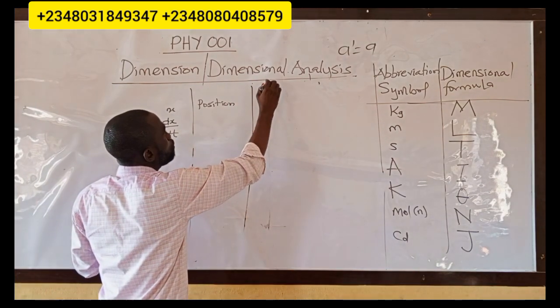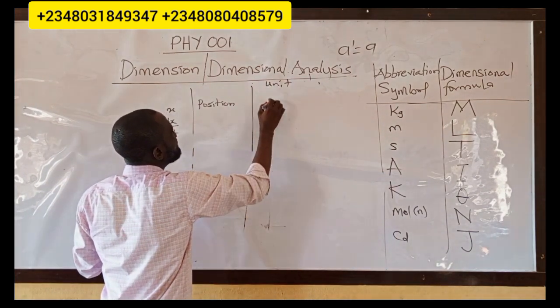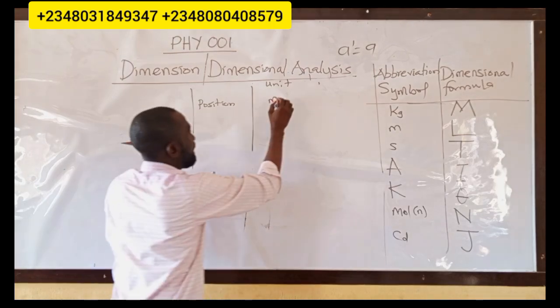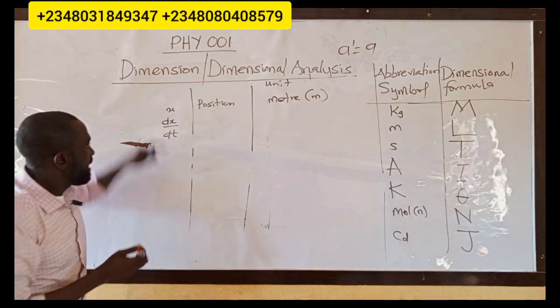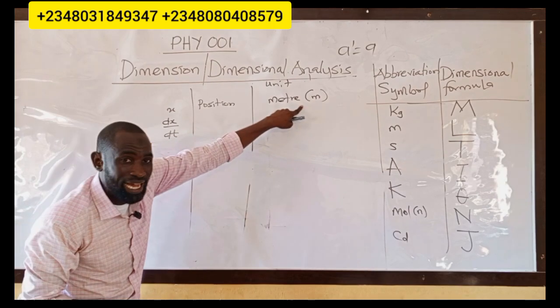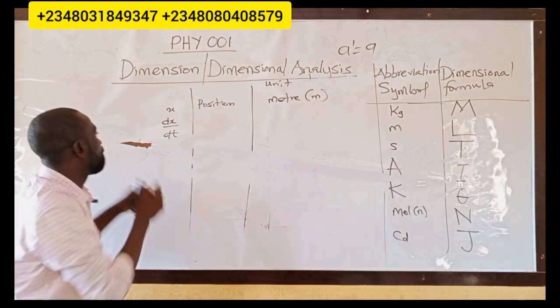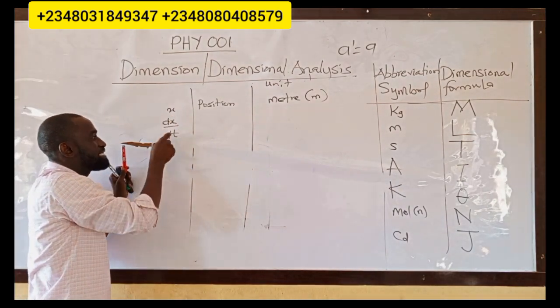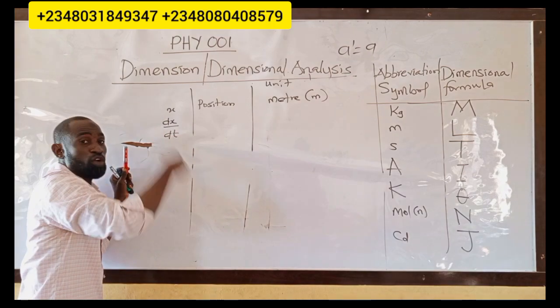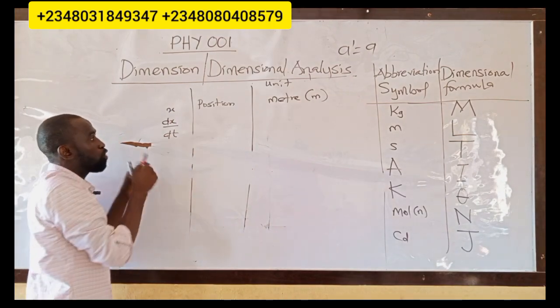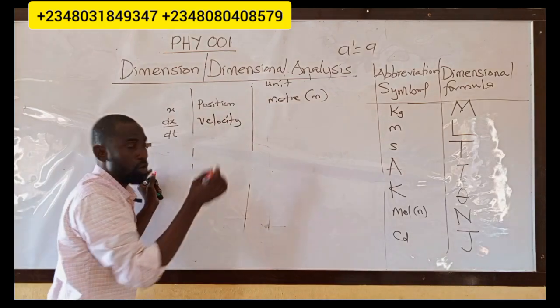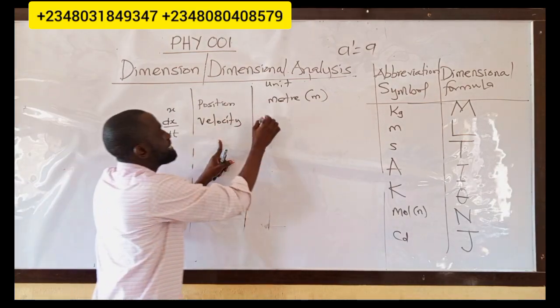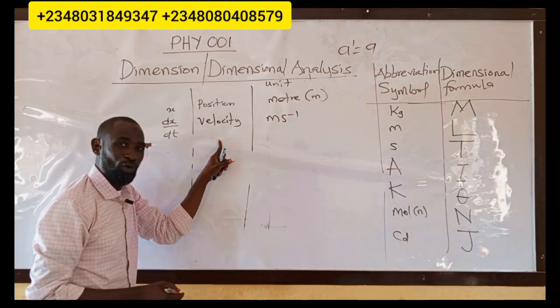The unit of position is meter. So x is in meters. The first derivative of x is dx over dt. That rate of change of position is what we call velocity, which we've done. What is the unit of velocity? Meter per second. Are you with me?